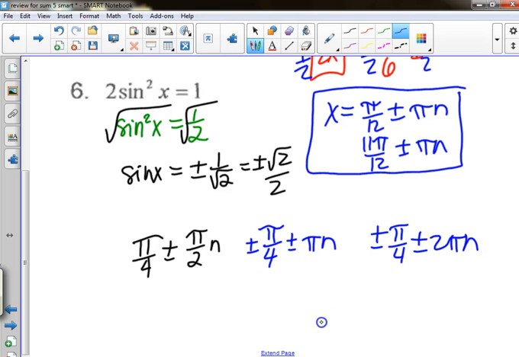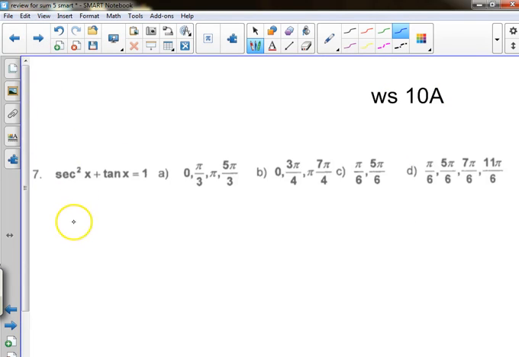Go to positive pi over 4 or negative pi over 4, but then when you got there, you have to go 2 pi before you hit them again. No, I don't think that's hitting the ones in quadrant 2 and 3, right? All right, enough time on this. Multiple choice question, you'll be fine.